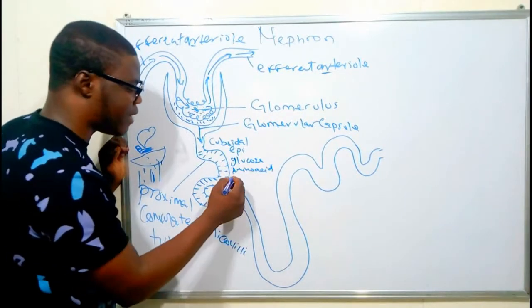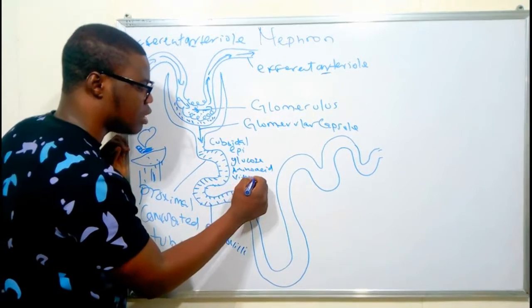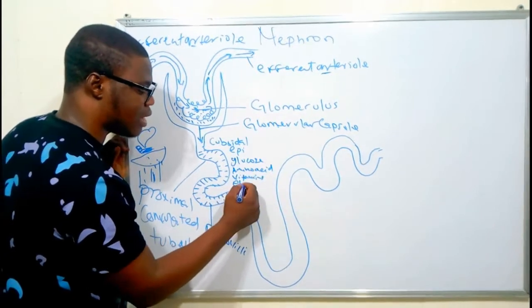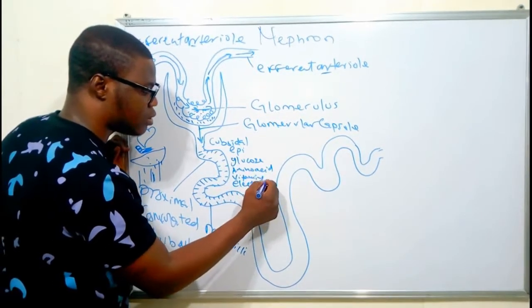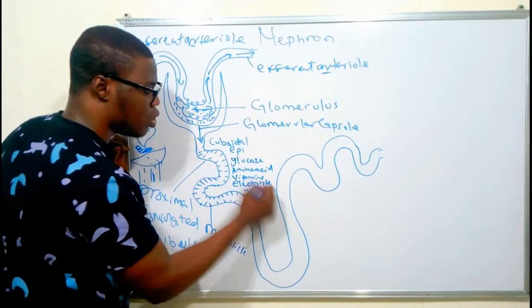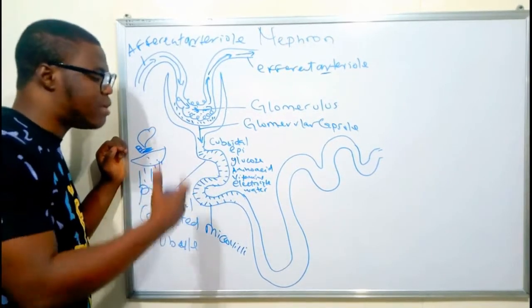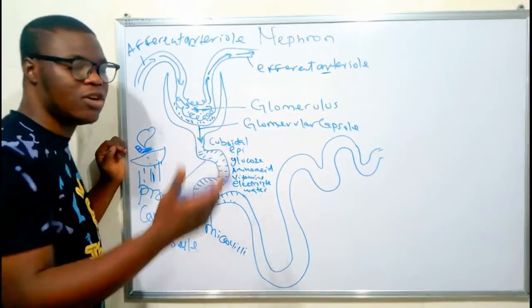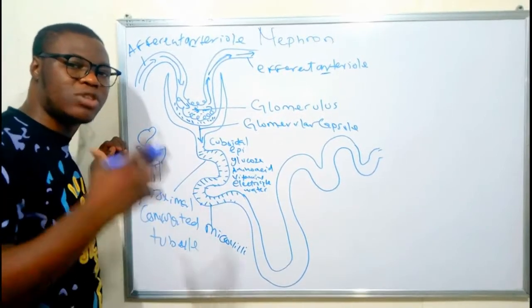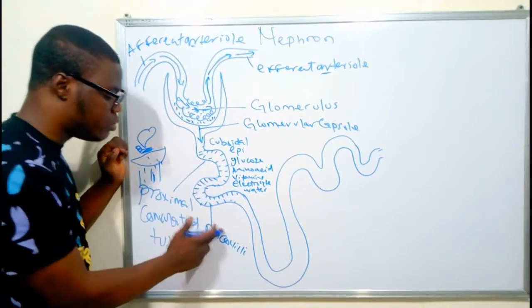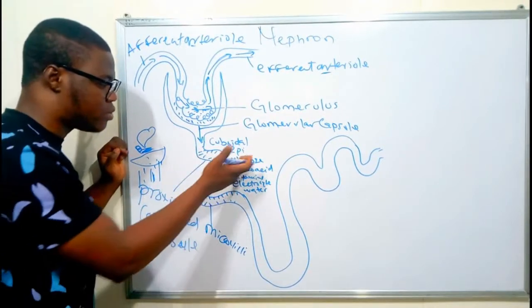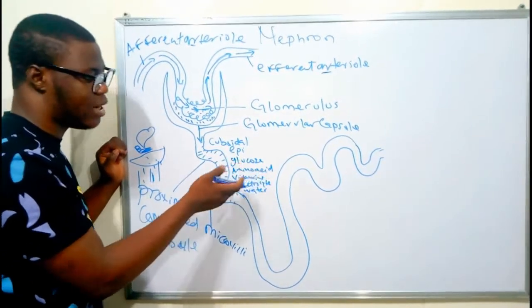It reabsorbs vitamins. It reabsorbs electrolytes like sodium, and then it reabsorbs water. So that is the function of the proximal convoluted tubule. It is lined with cuboidal epithelium, and it is the major site of reabsorption because it contains numerous microvilli and it reabsorbs glucose, amino acids, vitamins, electrolytes, and water.